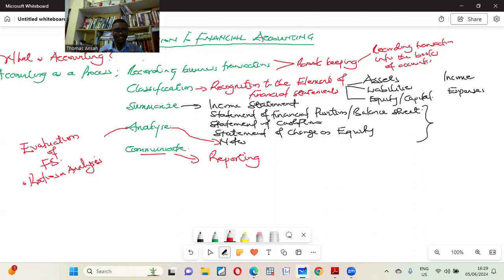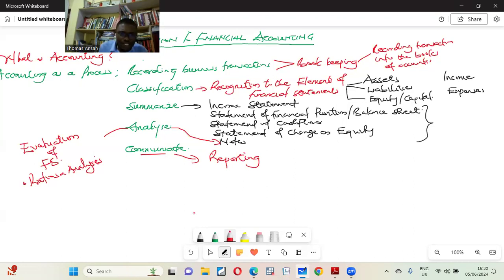From your beginning, your fundamentals, my purpose is actually to introduce the concept of accounting to you. Try and understand. It's not something that is really that difficult. So we pick it from here, then we grow together. All right, so basically, accounting involves recording, classifying, summarizing, analyzing, and communicating financial information to the users.